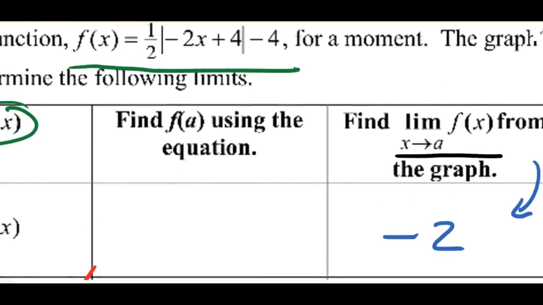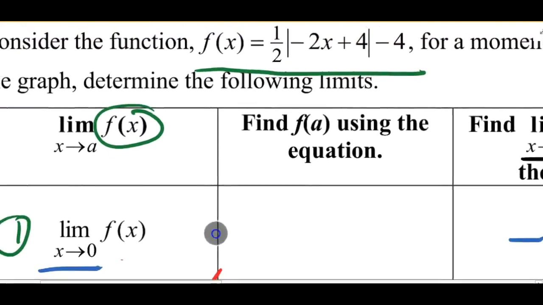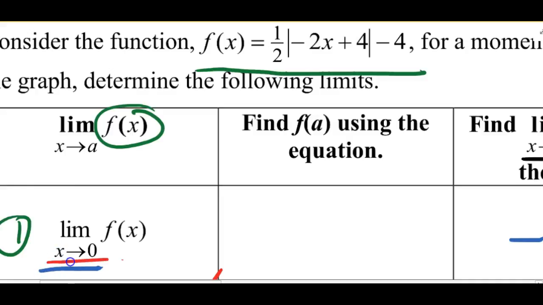And we want to evaluate this function for, in this case, x equals 1. So we're just going to evaluate the function. 1/2 absolute value, -2, my x value will go in there. Close my absolute value, -4.